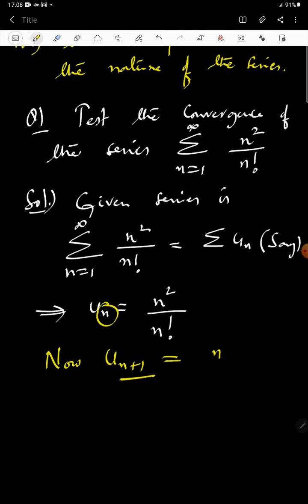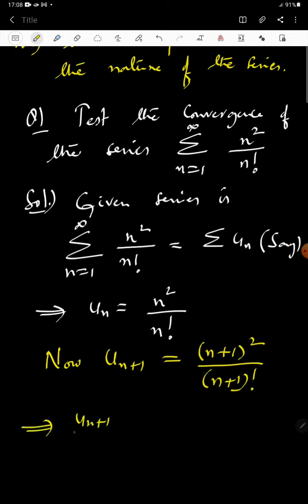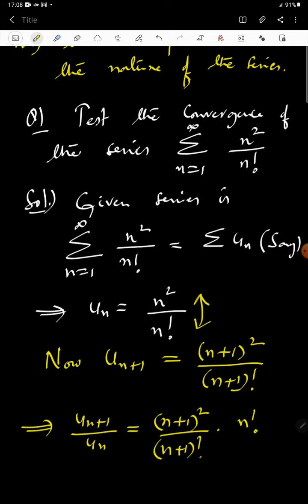So this will become n plus 1 whole squared divided by n plus 1 factorial. This implies un plus 1 by un is equal to n plus 1 whole squared divided by n plus 1 factorial into, the un gets reversed, n factorial divided by n square.